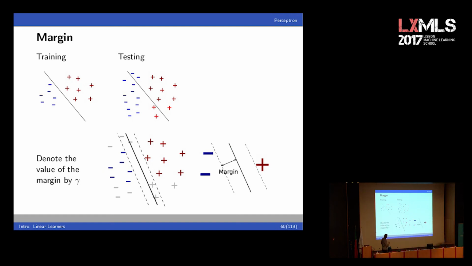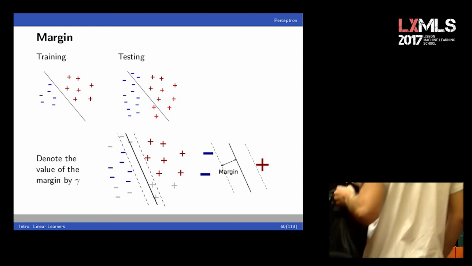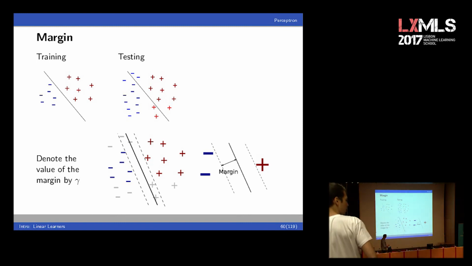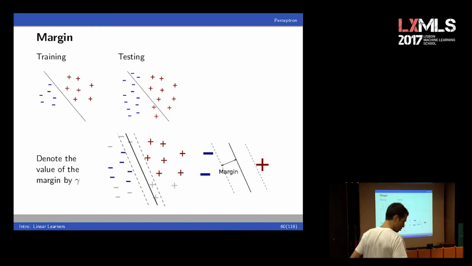So if you look at these examples here, if you learn a decision boundary between positive and negative examples that looks like this, you're doing a good job on the training data, right? But you can imagine another decision boundary would maybe be better, one that would be right in the middle, that has the maximum distance between the closest positive and the closest negative example.